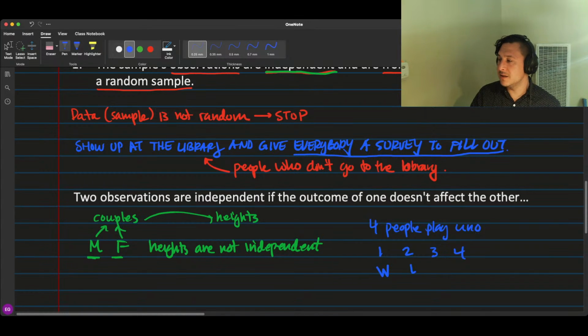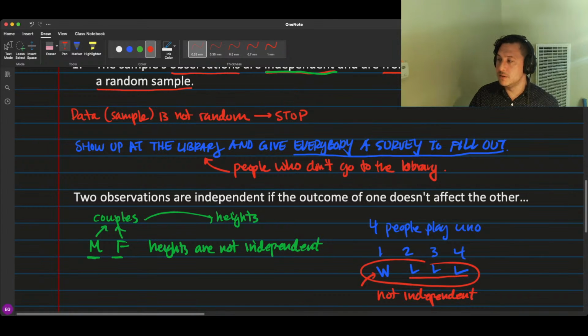They lost. In other words, these outcomes are not independent. Because if one person wins, the rest of them have to lose. That would be an example of how the outcome for one person, their winning, affected everyone else.